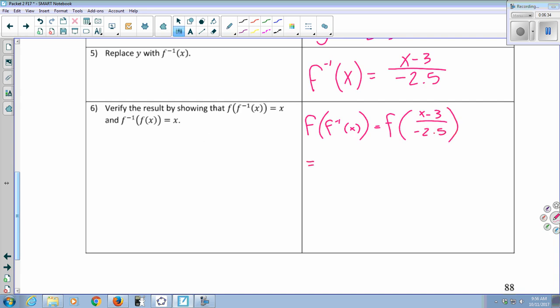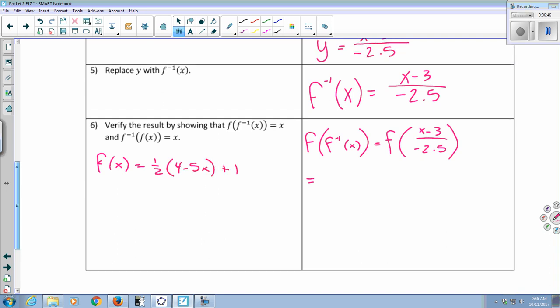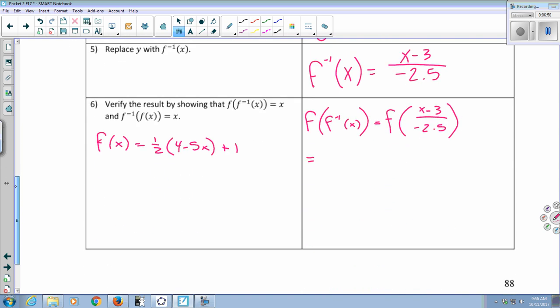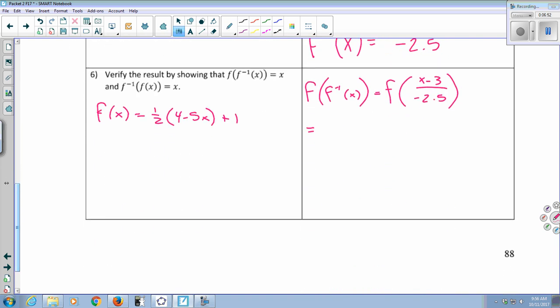So anywhere in my formula for f, which remember my formula for f of x was 1/2 times (4 minus 5x) plus 1. Verify that. Yep. All right, so now I want to evaluate f. Instead of putting an x into the formula, I'm going to put (x minus 3) over negative 2.5 into the formula for f, where all the x's are.